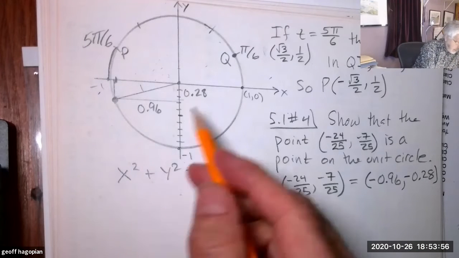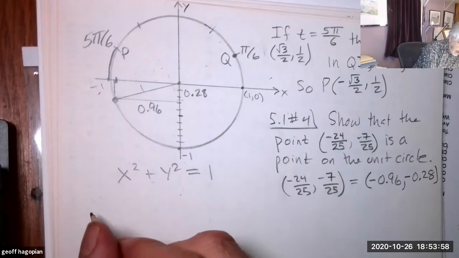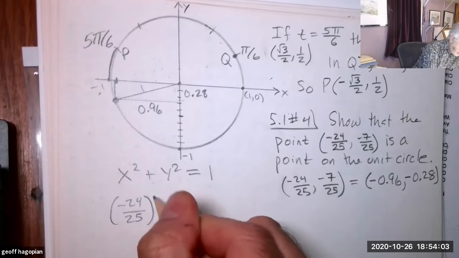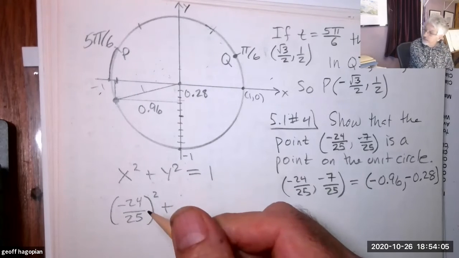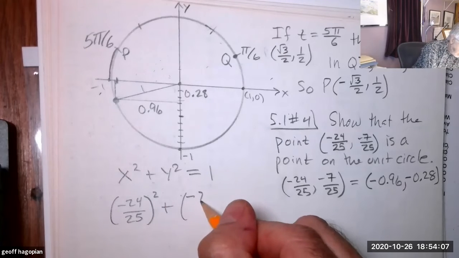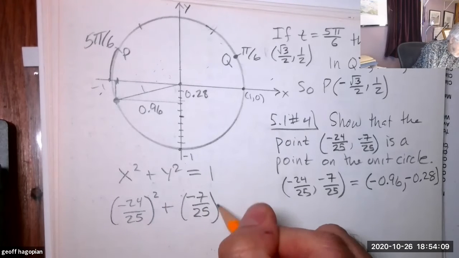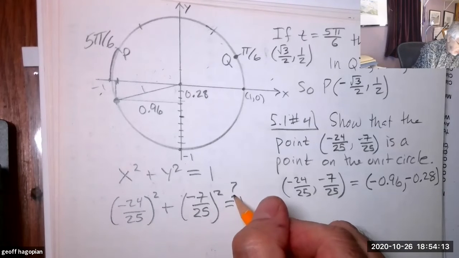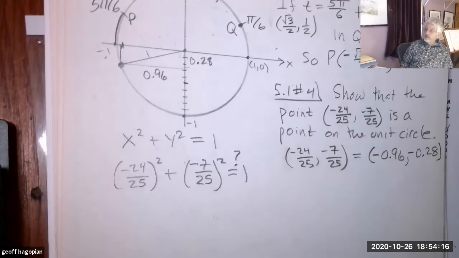And I suppose we could square the decimals. Let's go ahead and square the fractions. So negative 24/25 quantity squared plus negative 7/25 quantity squared. That should be 1, right? So that's a question mark. Is that true? If it's true, then that's a point on the unit circle.